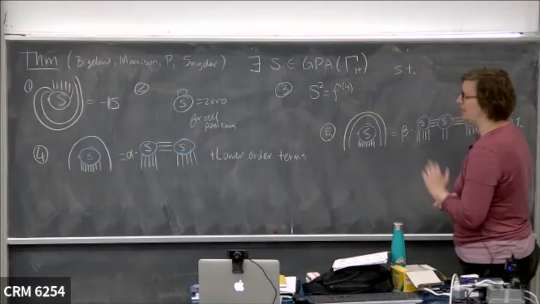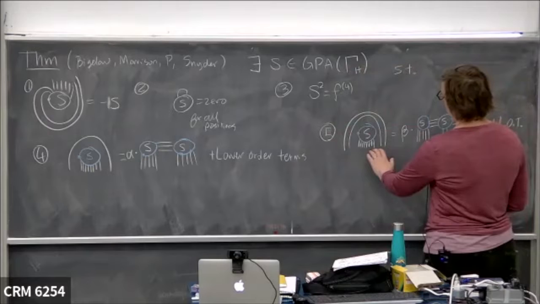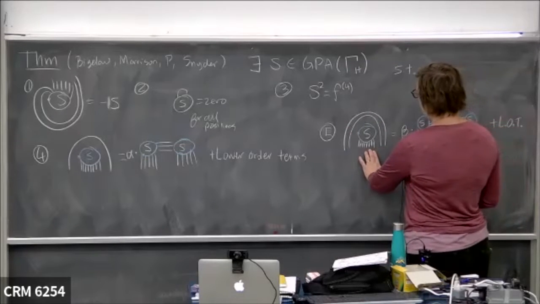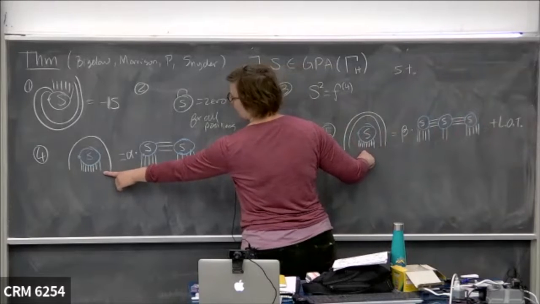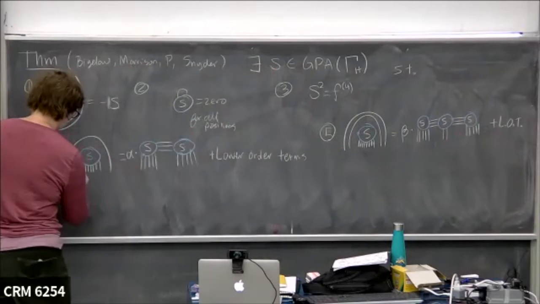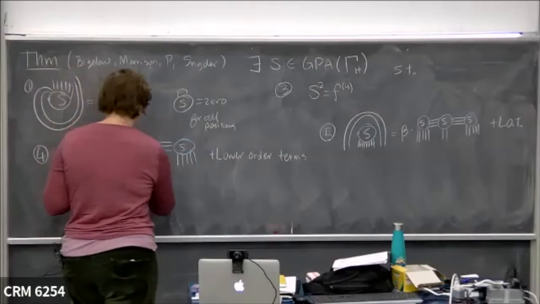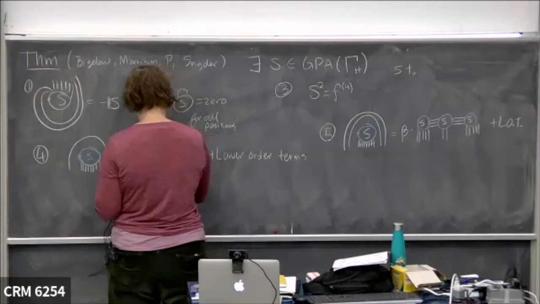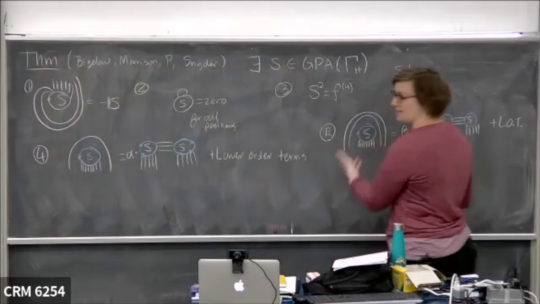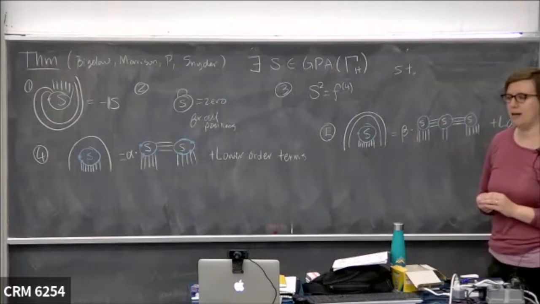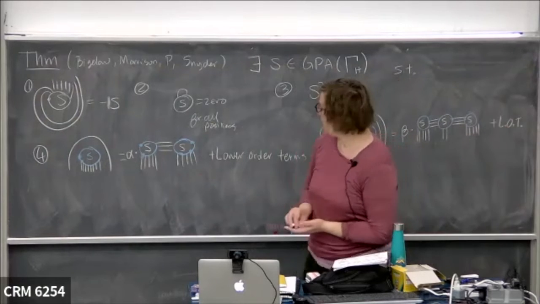Okay, so that gets really tedious to draw on the board, so I'm not doing that. But that is, for example, why we have a separate relation here in addition to this one. In fact, I think I wrote this one down wrong. Right? Because you would think, right, that if I can pull a generator past one strand, I can pull a generator past two strands, right? But in fact, because of the two different kinds of shading, I need both these relations.